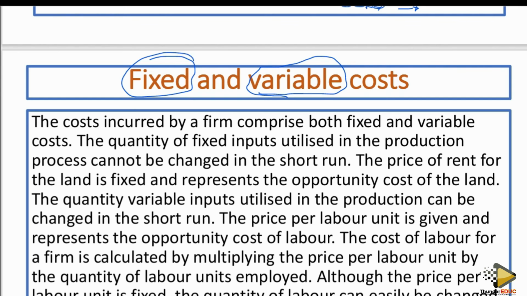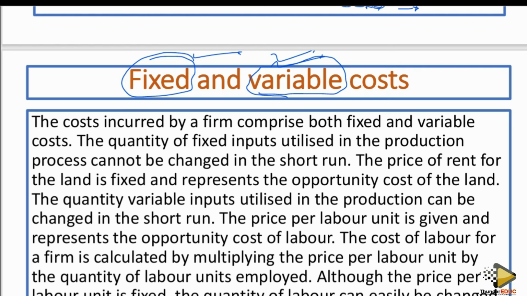If you still remember, grade 12, when we were together, I said that fixed costs are our implicit costs, and you know what implicit costs entail. And variable costs I said are explicit costs, and they are costs that normally differ from time to time. Okay, right. So the costs incurred by a firm comprise both fixed and variable costs.